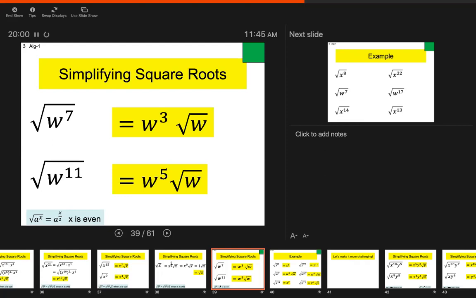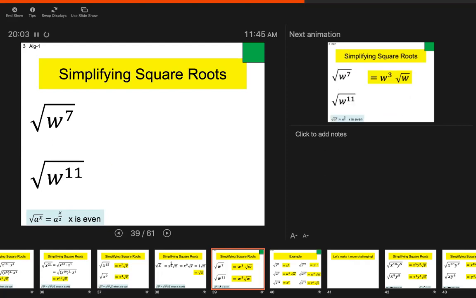So is 7, that's the start of the problem, is 7 odd or even? It's odd. So if it is odd, we subtract 1. 7 minus 1 is 6, and then half of 6 is 3.